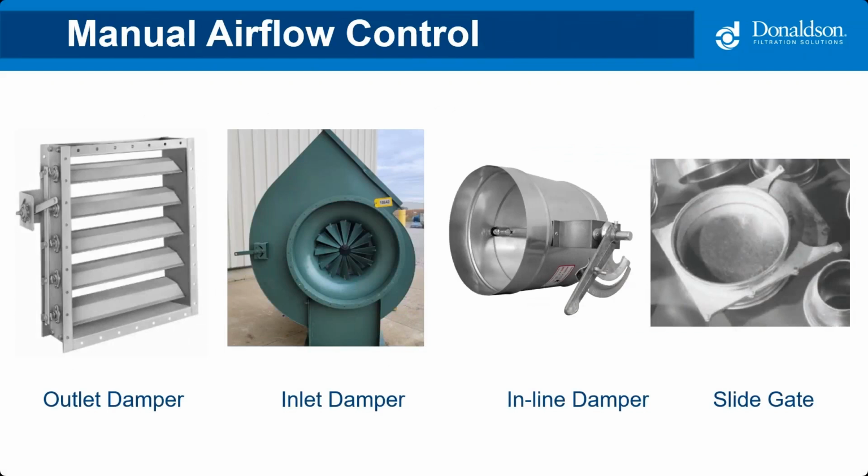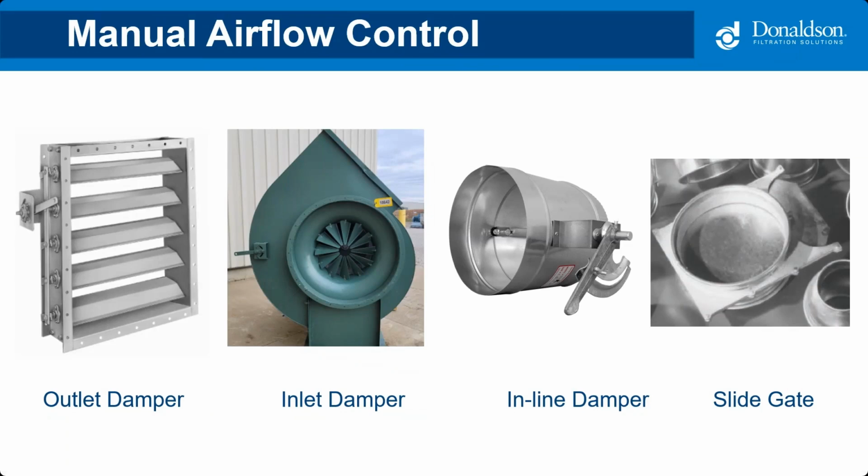So when you're looking at the system itself, because the static pressure does change as filters age or load with dust, it's important to consider how to control the airflow when you design a system. We can control the airflow using electronic or manual configurations. For manual airflow control, the fan will need to have some type of mechanical damper or slide gate so the operator can manually adjust the airflow entering the duct.